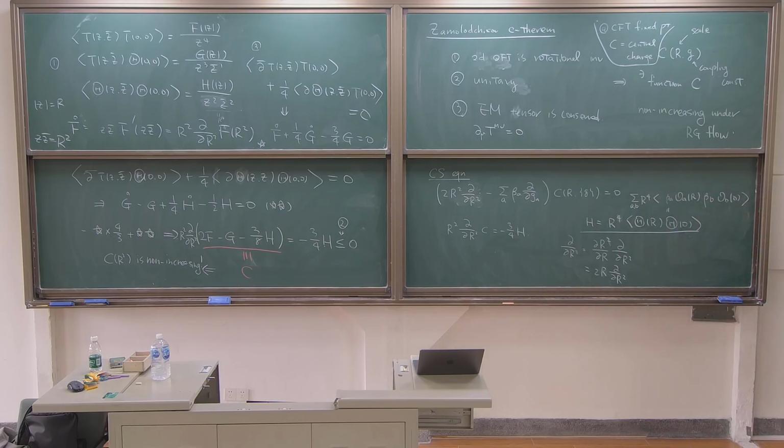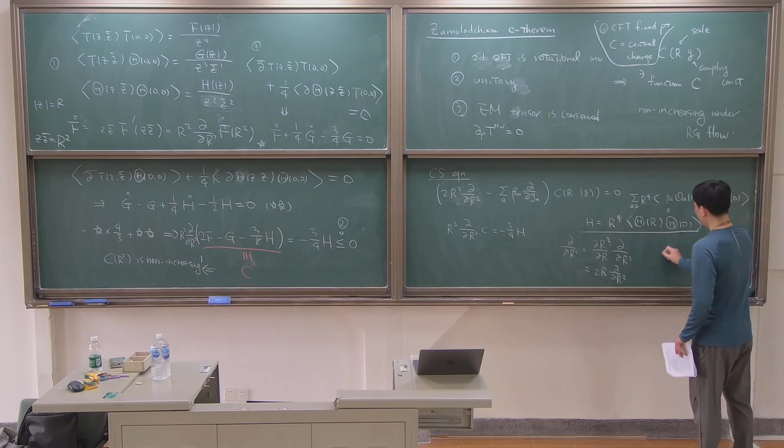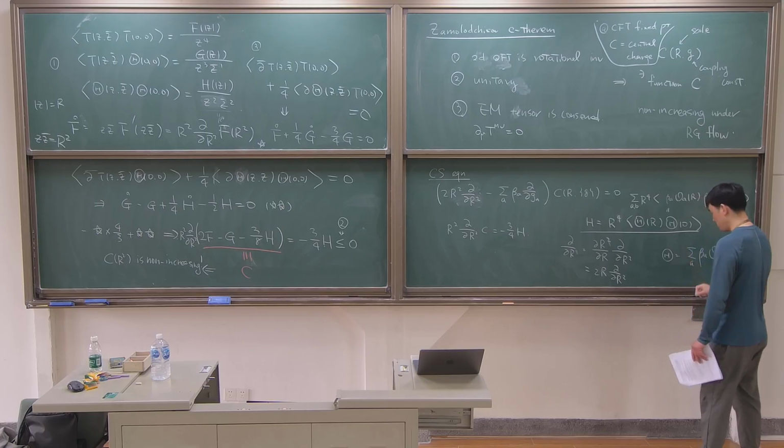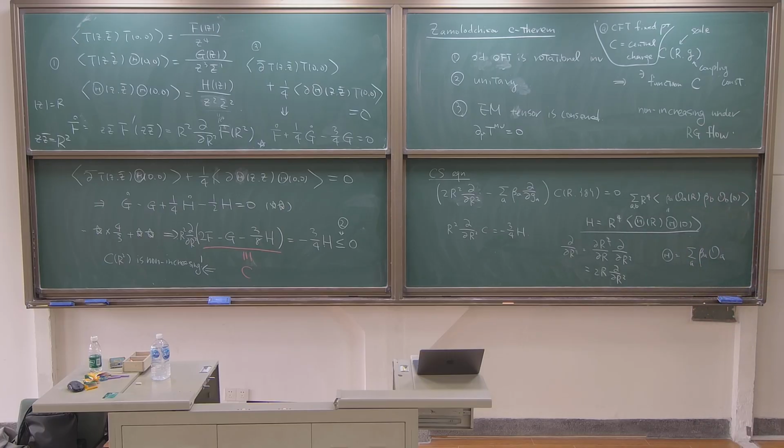So we already knew that, and now plug everything into the Callan-Symanzik equation to see what this equation really means. Sorry, I told you this is wrong. So this is a minus sign, but if you have a 2 times, the minus signs cancel, so this is okay.